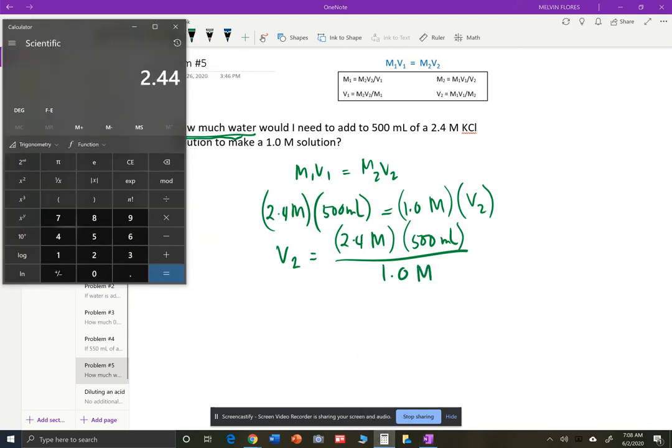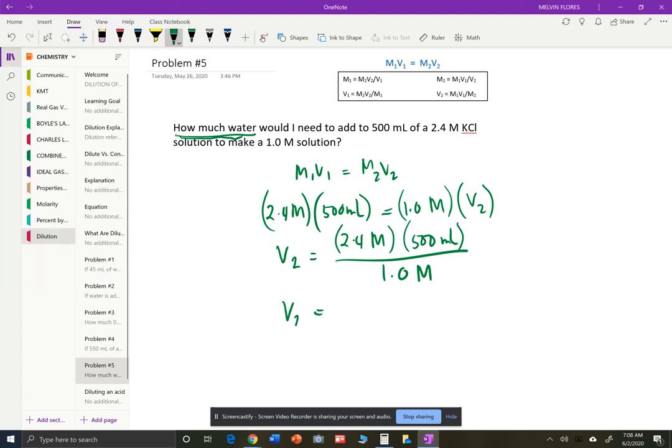So that's 2.4 times 500 equals, then divided by 1, so that gives you 1200. So your volume 2 is 1200 ml. So that's only the volume of the solution.